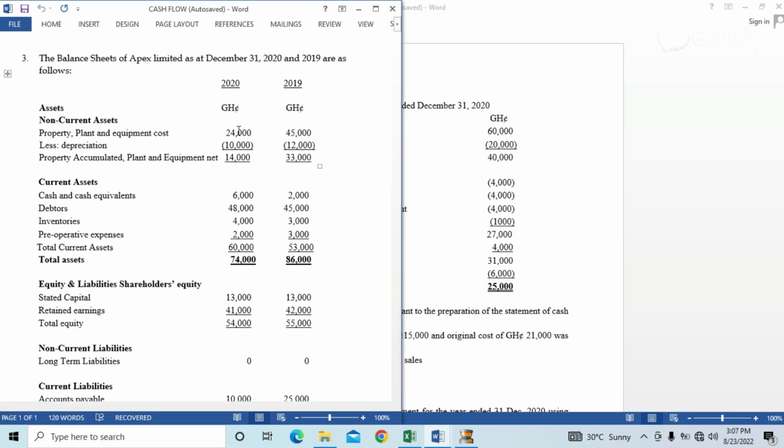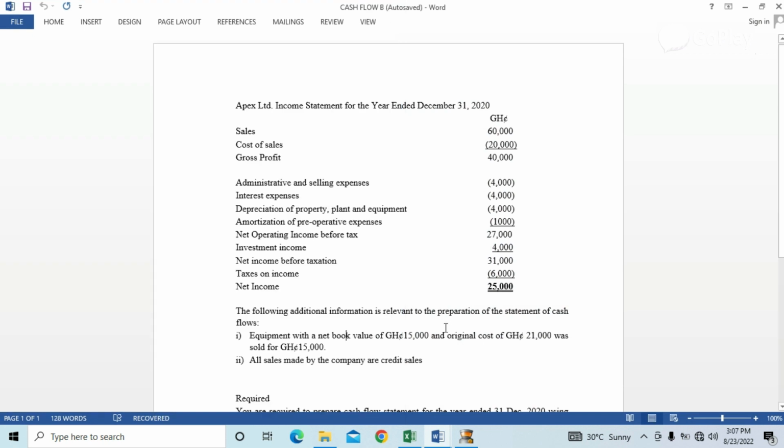Then the 12,000 for depreciation less the depreciation of the one sold. So the one sold has depreciated by 6,000 because it was 21,000, but the net book value at 2020 was 15,000.